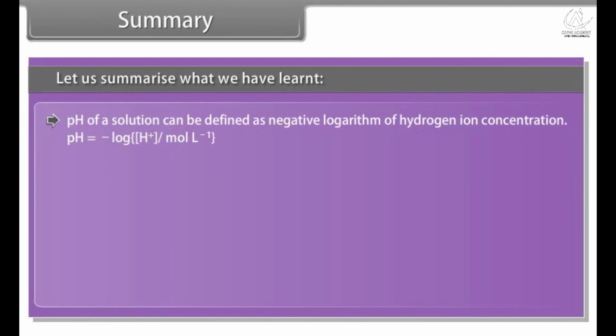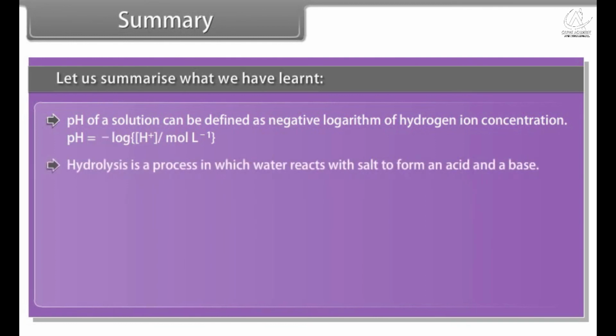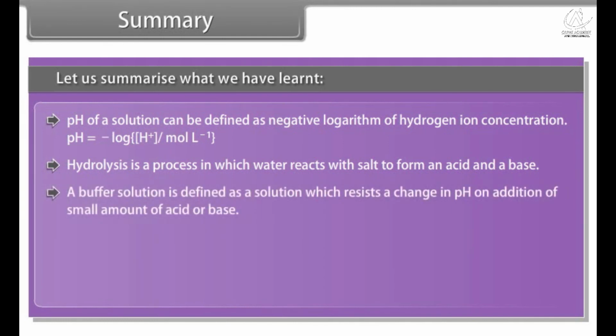pH of a solution can be defined as the negative logarithm of hydrogen ion concentration. Hydrolysis is a process in which water reacts with salt to form an acid and a base. A buffer solution is defined as a solution which resists a change in pH on addition of small amount of acid or base.